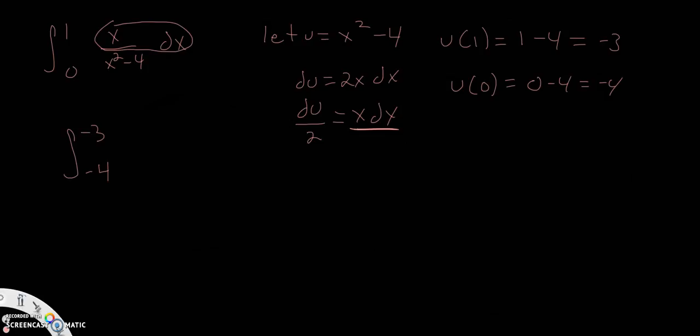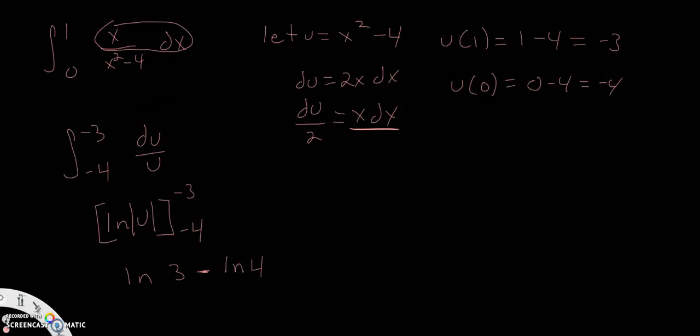So now I could say du over u. The antiderivative of du over u is ln of u. And technically you have an absolute value, otherwise you can't plug in these negatives. Negative 3, negative 4. So now you're going to get ln of 3, because when you plug in negative 3, the absolute value is 3, minus the ln of 4.